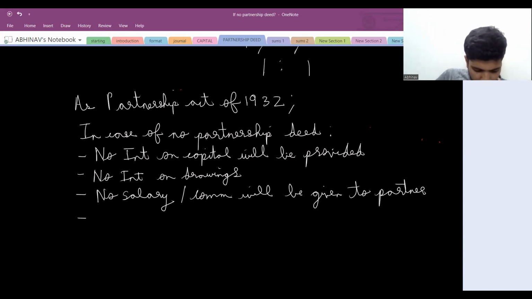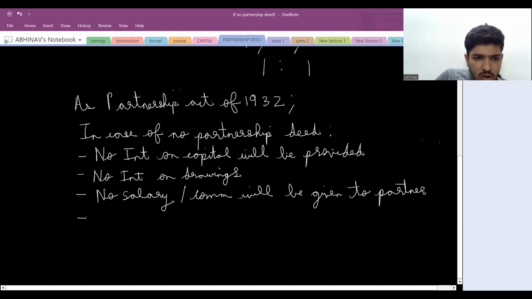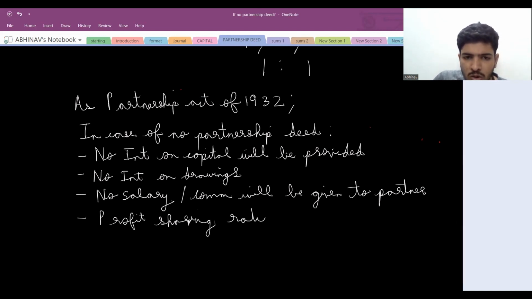Then profit sharing, the profit sharing ratio will be 1:1.